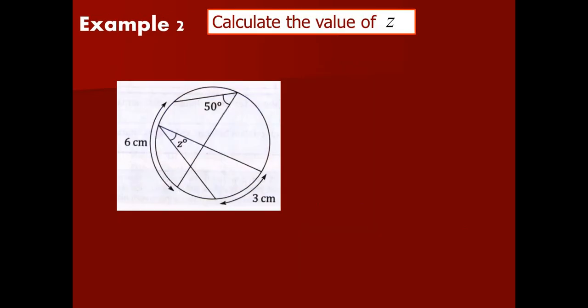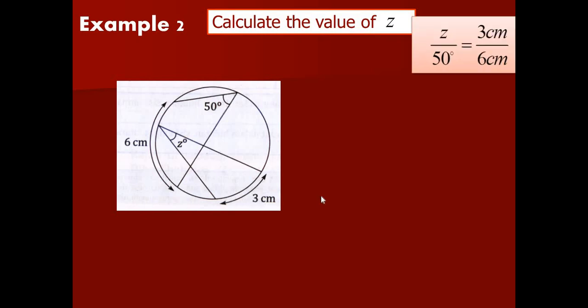Okay, the next example, calculate the value of z. Now you can see that this arc and this arc are proportional. Given here 50 degrees for 6 cm, find out the z if this arc's length is 3 cm.